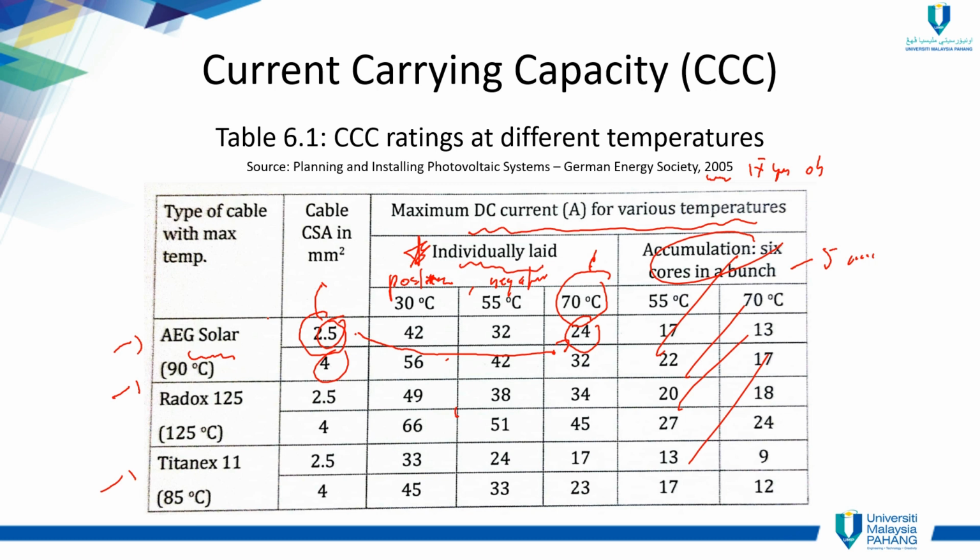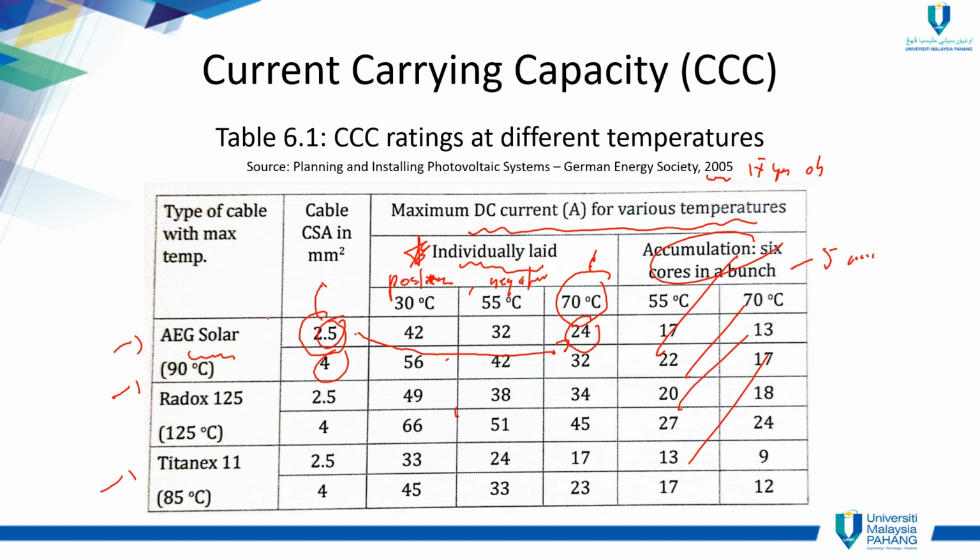If more than that, then the cable will melt, especially during the highest temperature, because it's getting very hot. That's why the solar cable is also equipped with, what do we call that, apa lagi lah, high temperature, UV resistant, flame retardant.